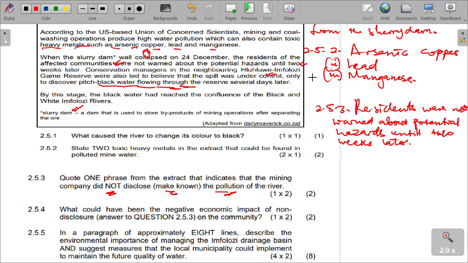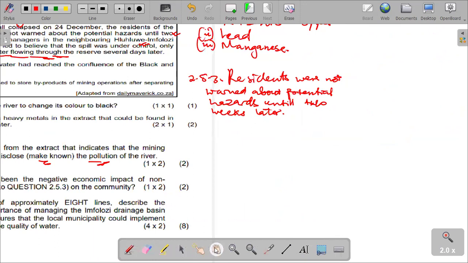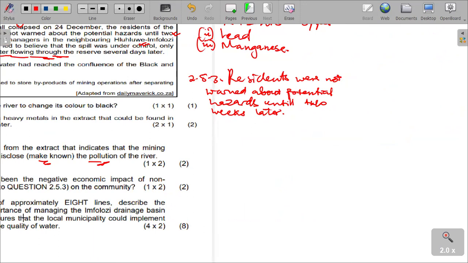Until 2 weeks later, it is marked in our essay there. Conservation managers in the neighboring Hluhluwe-Umfolozi game reserve were also led to believe that the spill was under control. That is another point there.